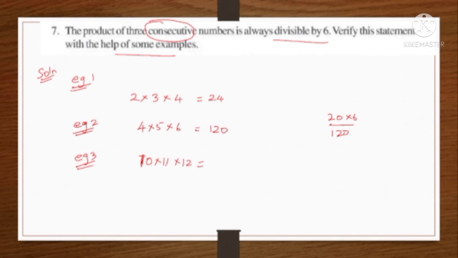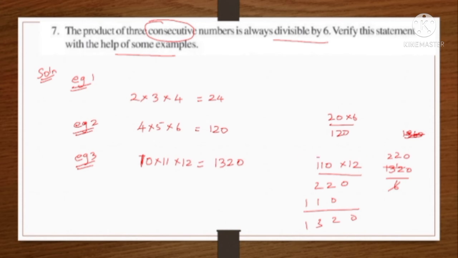So 10 elevens are 110, 110 into 12 is 1320. Let us check whether 1320 is divisible by 6. 6 twos are 12, balance 1, 6 twos are 12, 0. Yes, of course. So you can give any examples. Thus we verified this statement.